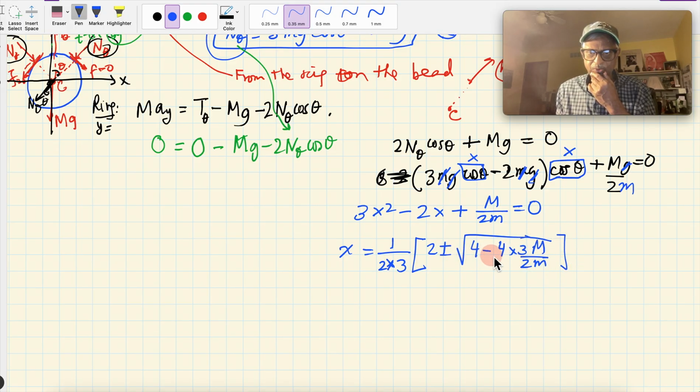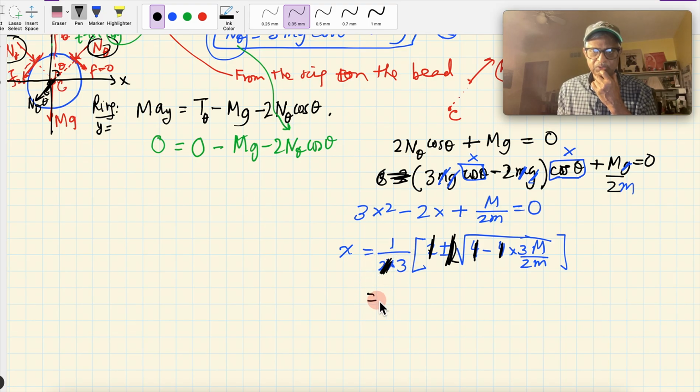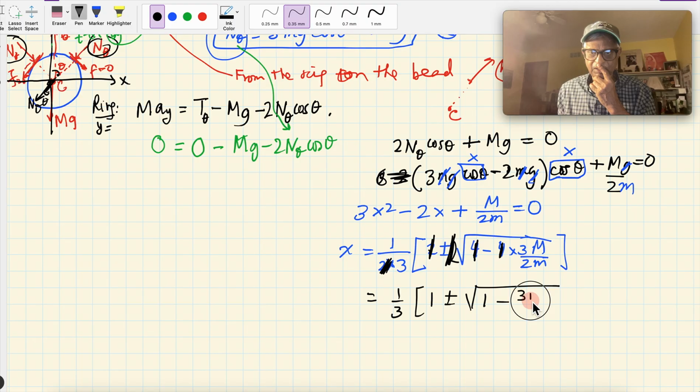Okay, let's take 4 common, so this becomes 1, and this becomes 1, and outside becomes 2. And let's cancel this 2 with this 2. So you have 1 over 3, 1 plus or minus the square root of 1 minus 3m over 2m.